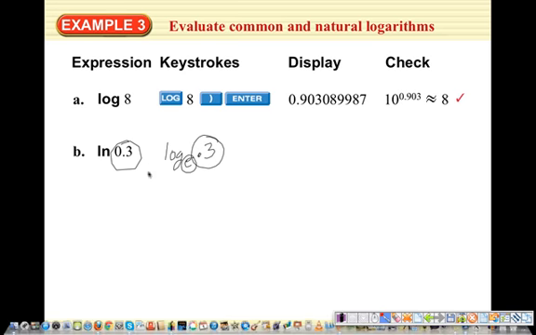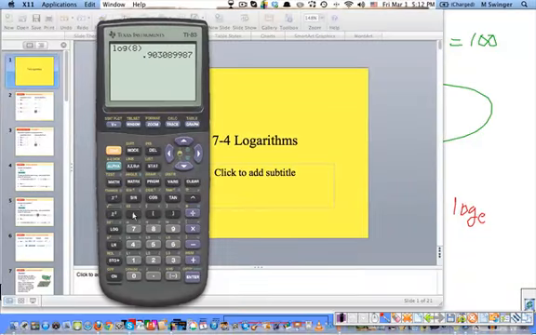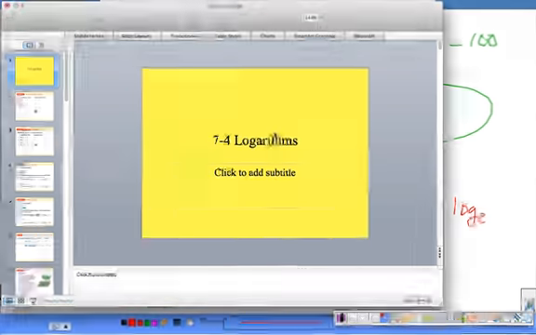Natural log of 0.3. So how do you get natural log? It's right here. ln. Natural log of 0.3. Enter. You should normally close up parentheses. If it's a longer problem, definitely close it up. Negative 1.2. So there you go. That's how you find out how to do it in the calculator.